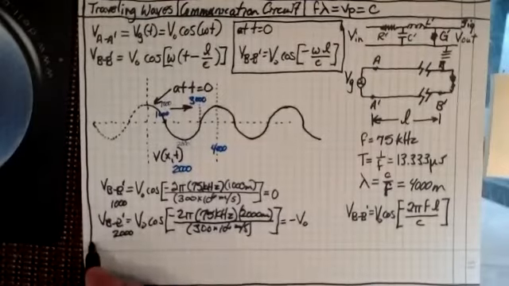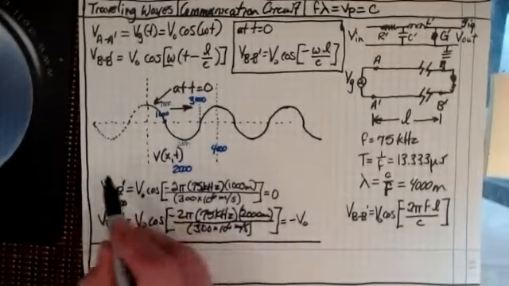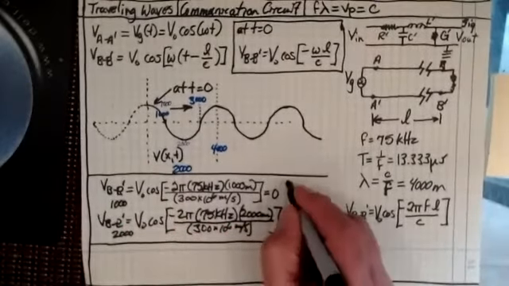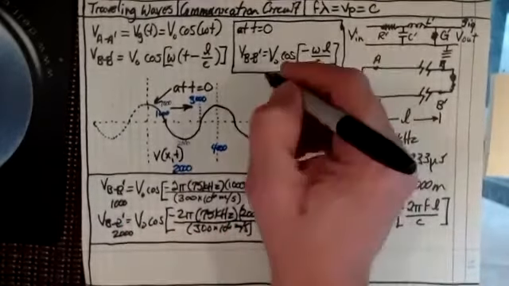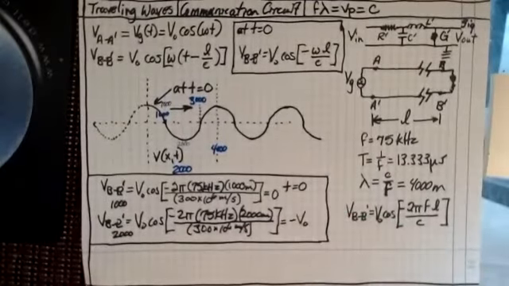Now I'm going to cut this out for a second, because I want you to remember that this is at t equals 0. That's the special case that we have up here.